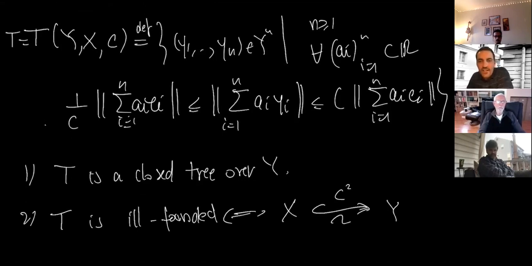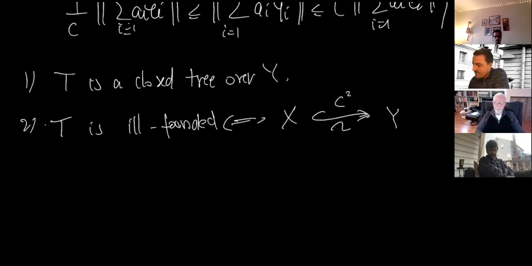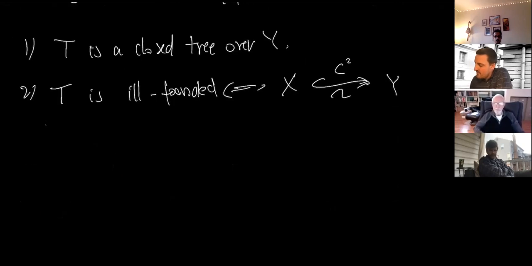So this is a straightforward observation. If there is an infinite branch, then there will be a sequence in your Banach space Y that is equivalent to the basis. And vice versa. So far, so good.